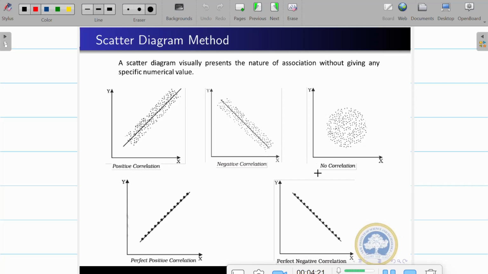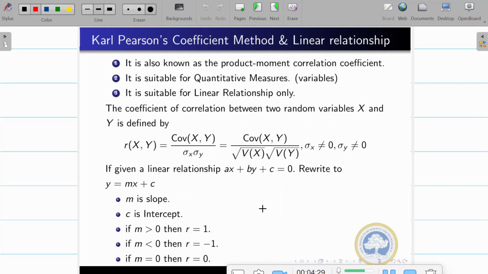no correlation, and perfect positive correlation. The correlation coefficient can be calculated by many methods. Here in your syllabus, we are just going to use the Karl Pearson correlation coefficient, also known as the product moment correlation coefficient.